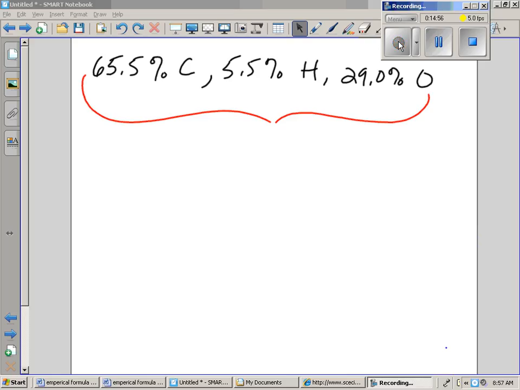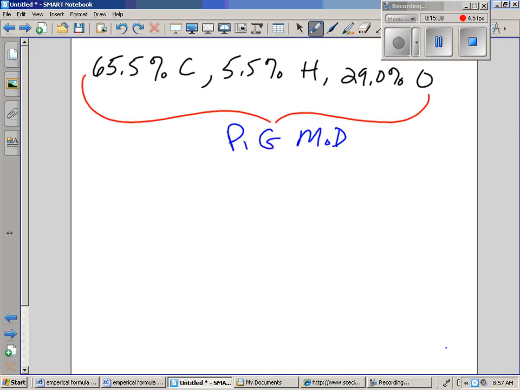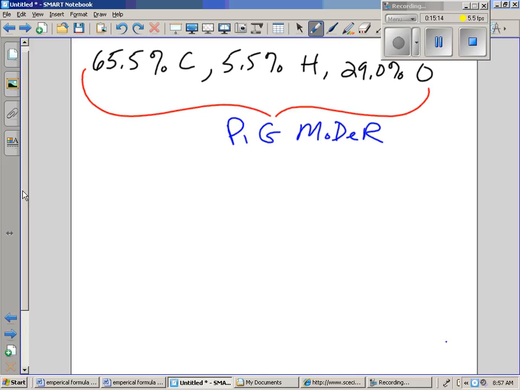Okay, let's take a look. The way we're going to do it is this. I'm looking for the empirical formula. In figuring out the empirical formula, I know I'm going to use this little mnemonic, PGMDR. I have to go from percent to grams, right? So that's the easiest thing going. I set them up like this. Percent to grams, I know I have 65.5 grams of carbon.